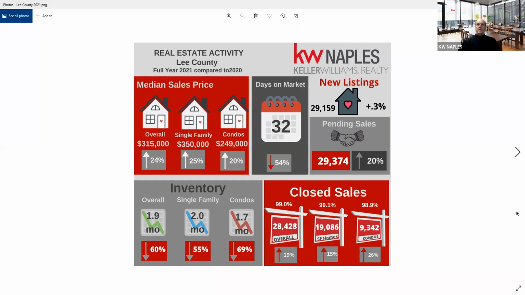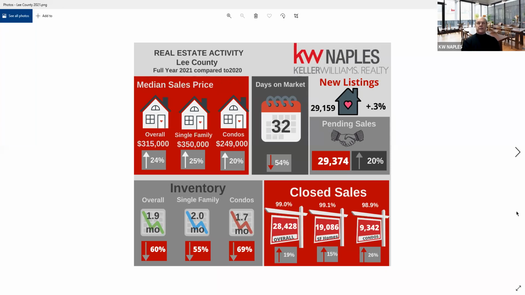There we go. So you can see the difference there.